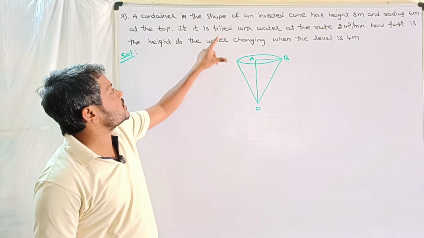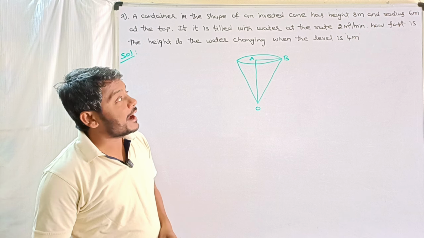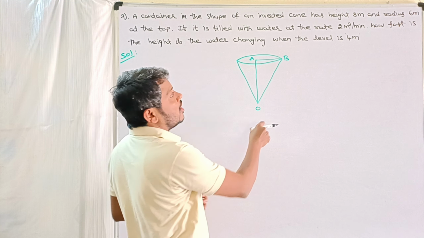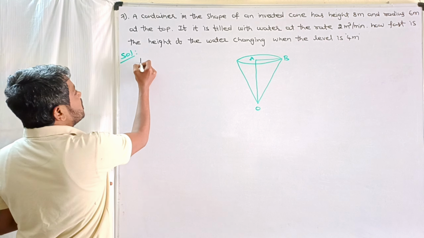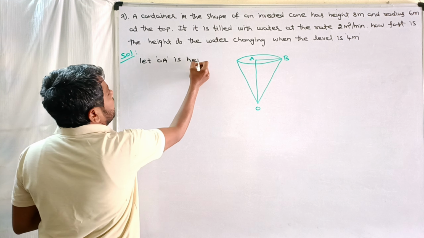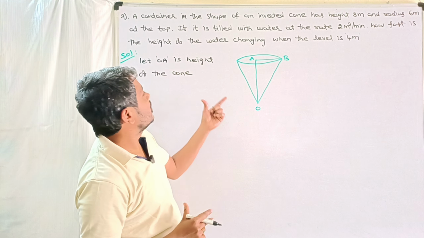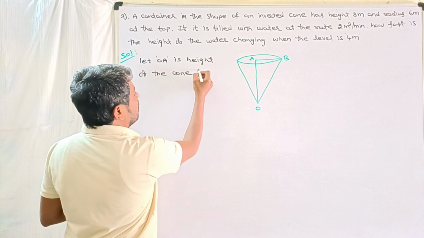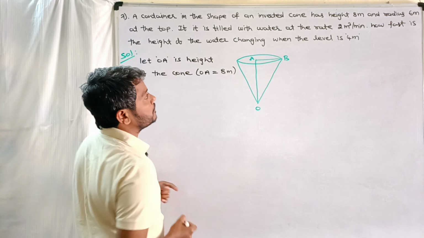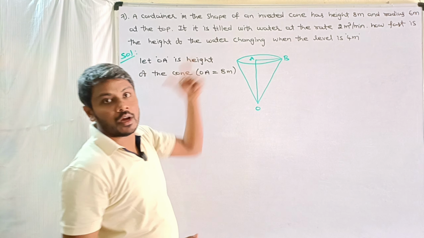A container in the shape of an inverted cone. Clear, this is the inverted cone. Has height 8 meters. OA is the height of the cone. So let us consider OA is the height of the cone. Next, they given OA is 8 meters, and radius 6 meters at the top.